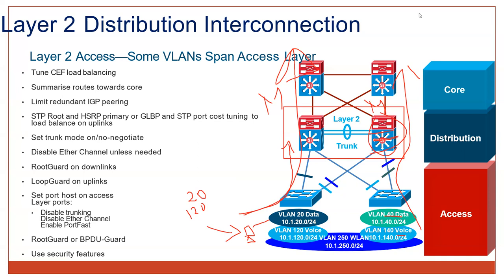Generally in production, you will see people using VRRP or HSRP, but VRRP and HSRP both work as active standby, or active primary secondary. So to make this active for a few VLANs, you can make one switch primary, and for a few VLANs you can make the other switch primary. So in that case, active passive will work as active.